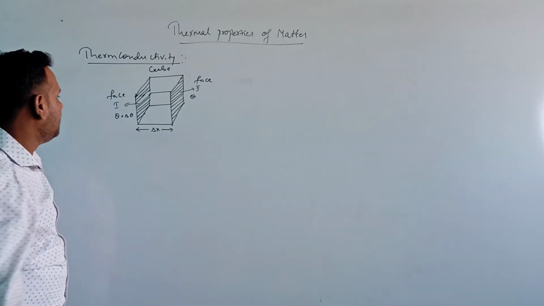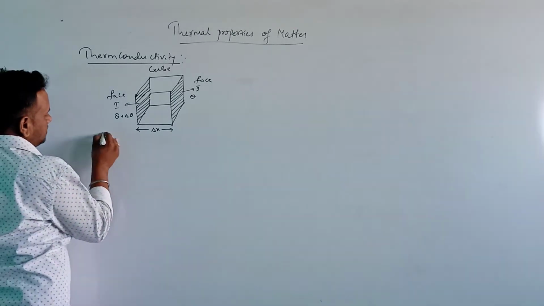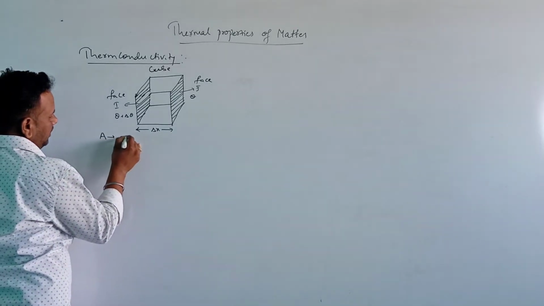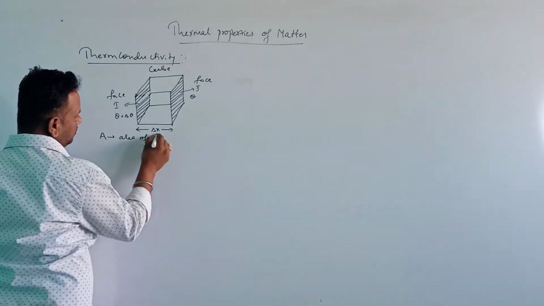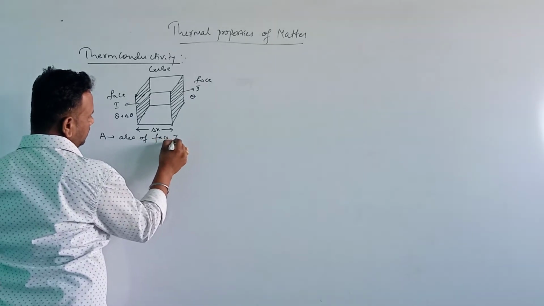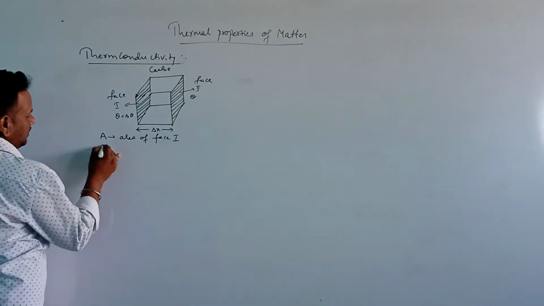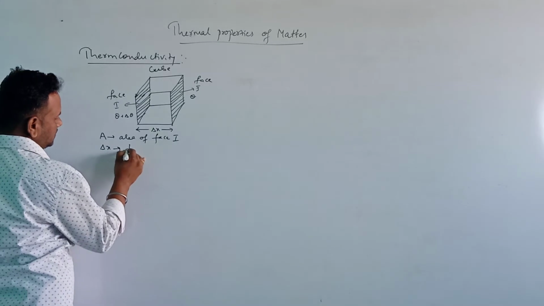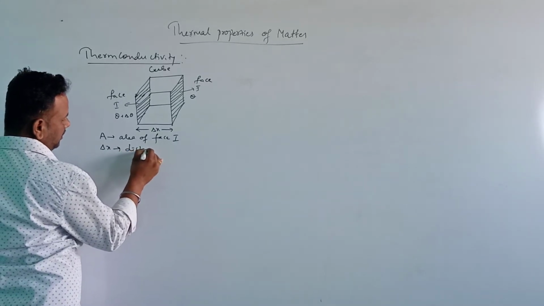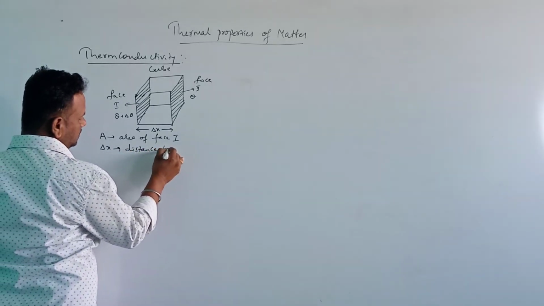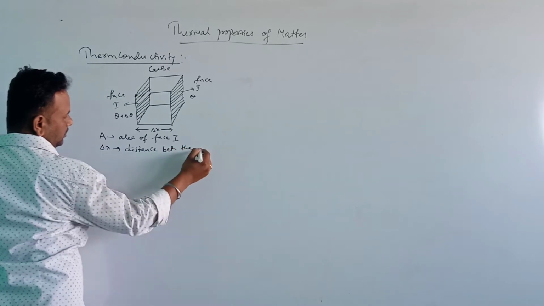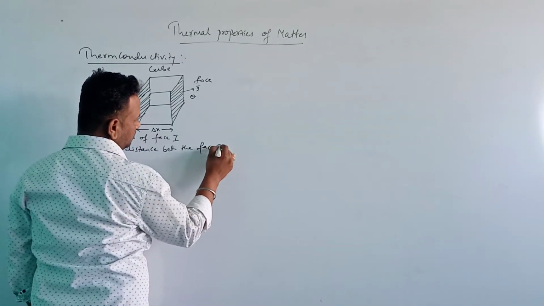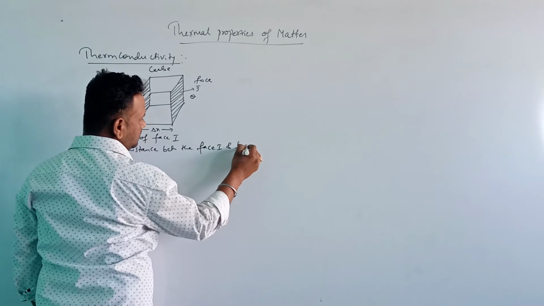Here A represents the area of phase 1, and delta x represents the distance between phase 1 and phase 2.